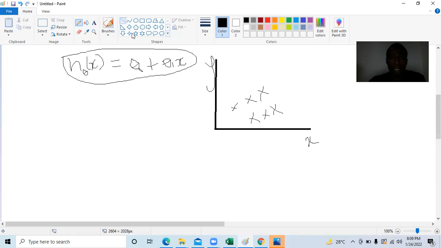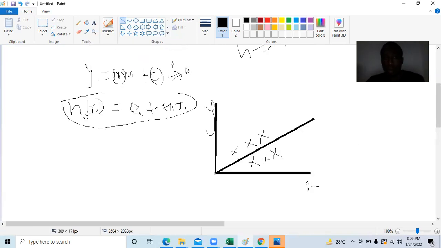We can fit a line through our data points like this, and this line is going to be what we tie to h of x, which equals theta 0 plus theta 1 x.